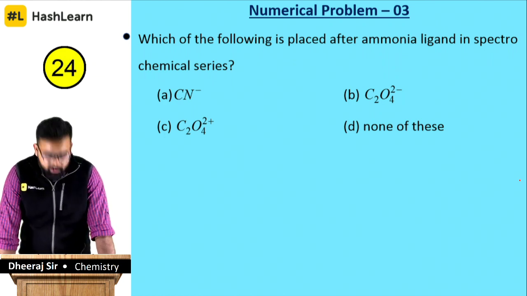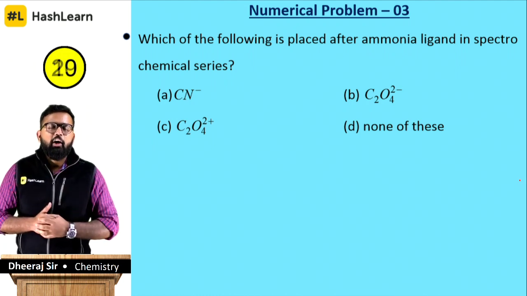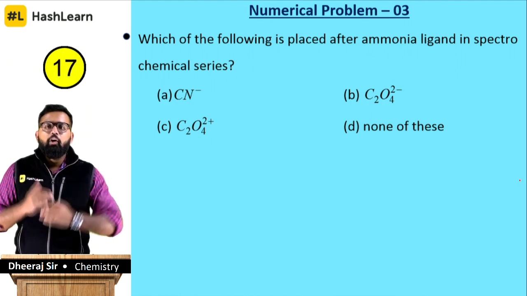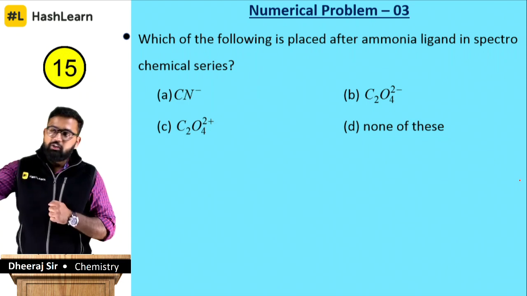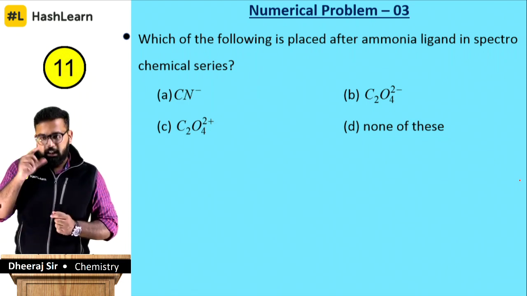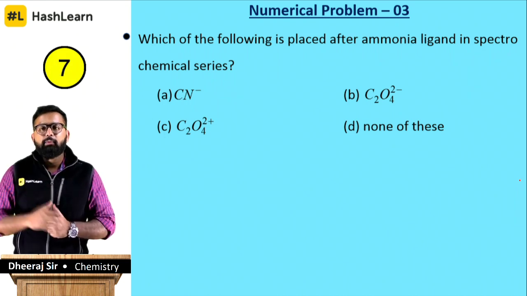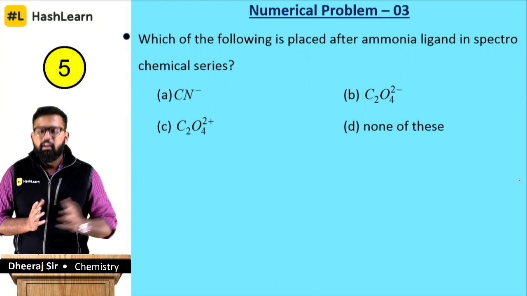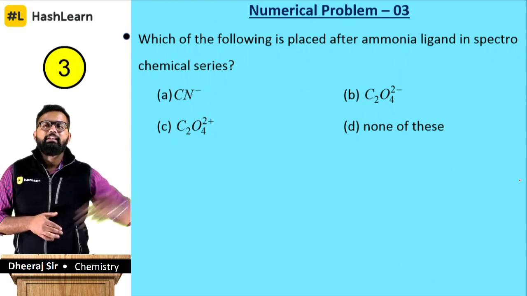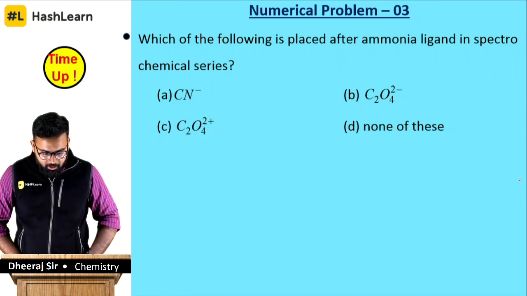In crystal field splitting theory, as ligands approach the central metal atom, the degenerate d orbitals will split. So how much will it split? That depends on the approaching ligands. So based on the splitting effect of ligands, I've arranged the ligands, and that series will be called the spectrochemical series. You have the spectrochemical series in this chapter and the electrochemical series in electrochemistry. So these are the two series that you have to remember.